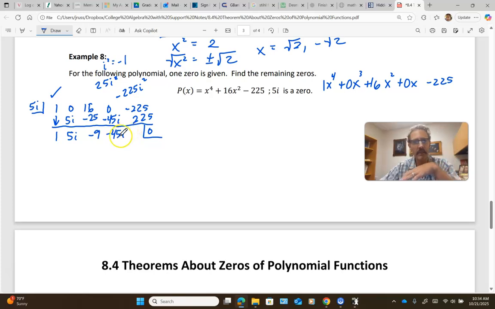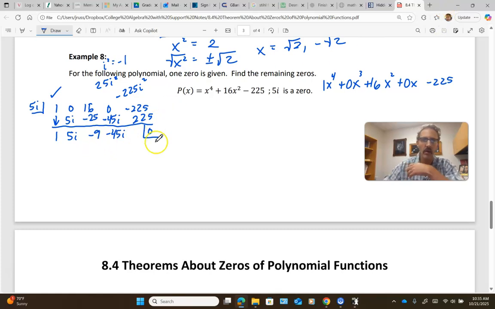Now, that means that these coefficients right here are the coefficients of another factor of this polynomial. So you could say x minus 5i is a factor, and these are the coefficients of a cubic polynomial factor.